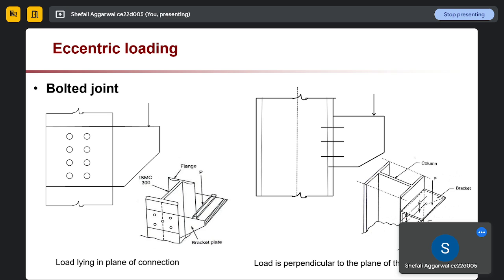Our bolts are in this direction and our load is applied perpendicular to it. Earlier, the load was applied in the same direction as the joints, bolts. Here our load will be applied perpendicular to the direction of our bolts.